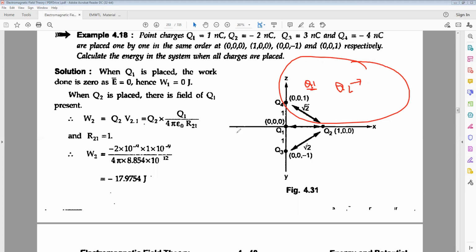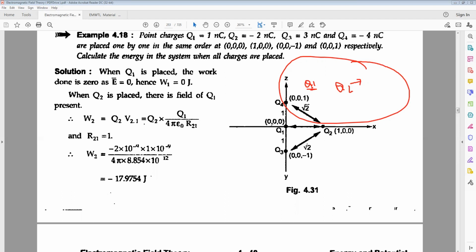The value of R21 you can find from R12, which is 1 only, from Q1 to Q2: 1 minus 0, 0 minus 0, and 0 minus 0.